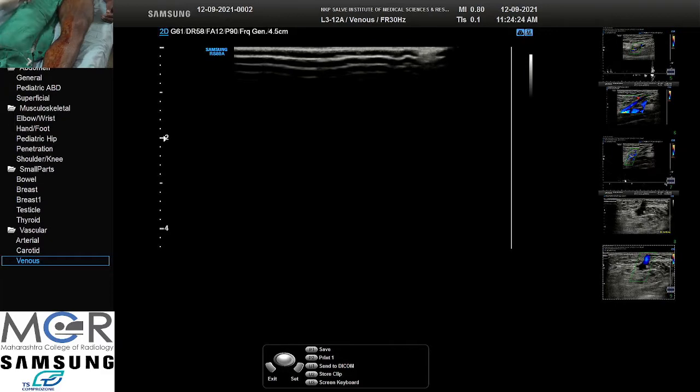Puncture needle. No, this is the puncture needle.